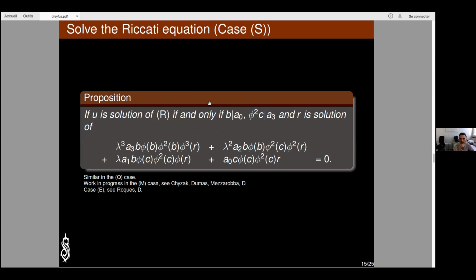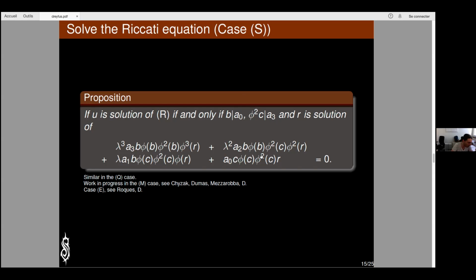So it's exactly this formula. And if you use divisibility between B and phi of C, you find this condition. So B is a divisor of A0, phi square of C is a divisor of A3, and R is a solution of this difference equation.